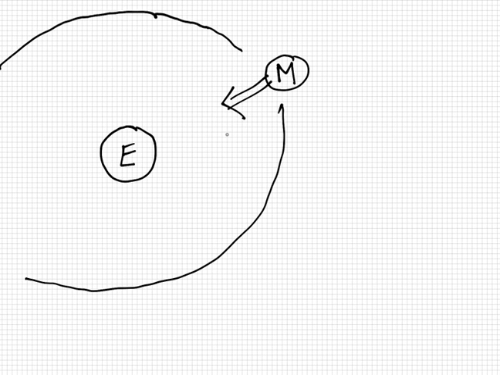Let's say the mass of the Earth is big M, and the mass of the moon is small m. And then the distance between them, we'll just call it r.